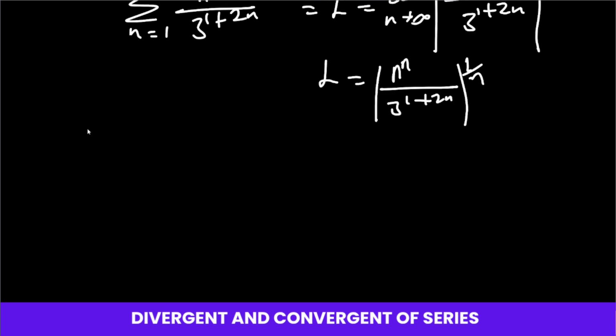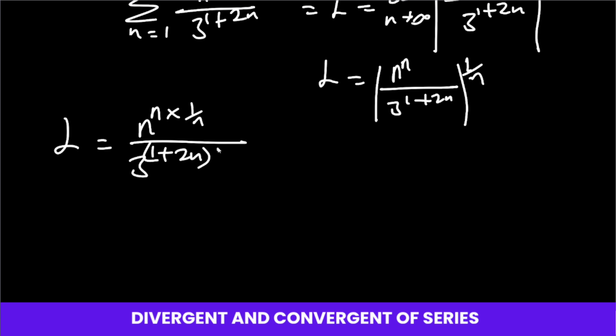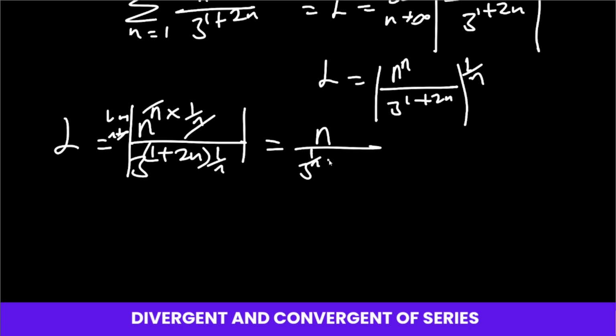Another way to rewrite this is L equals n to the power n times 1 over n, affecting the top, and then affecting the bottom, 3 to the power 1 plus 2n, all multiplied by 1 over n. So this will take care of this. The absolute form, limit as n approaches infinity, will give us n divided by 3 to the power 1 on n, plus, this will cancel this, and that will give us 2.